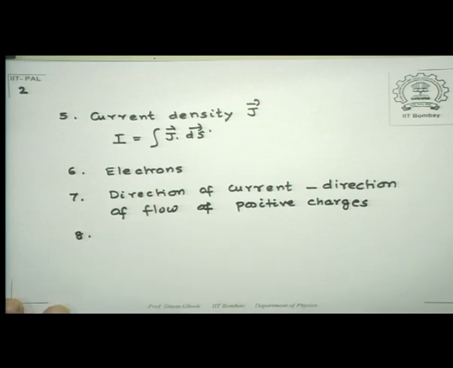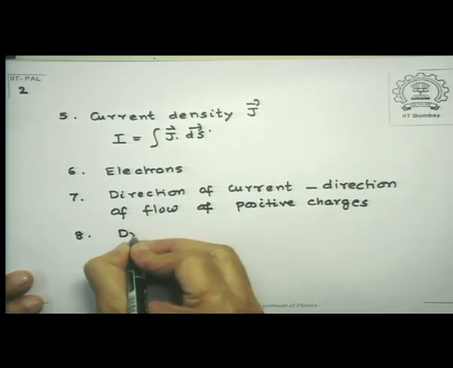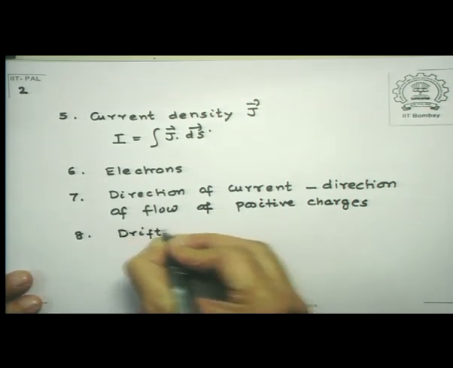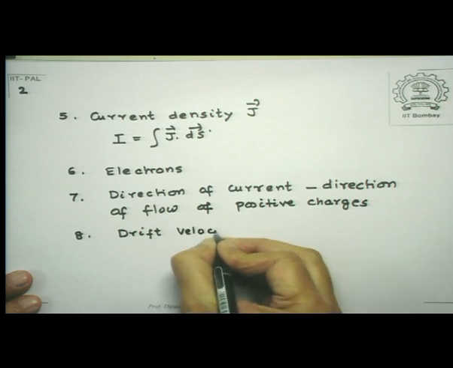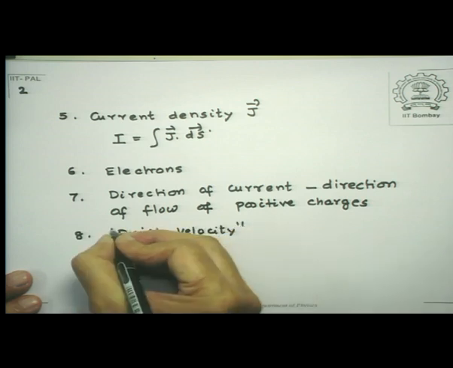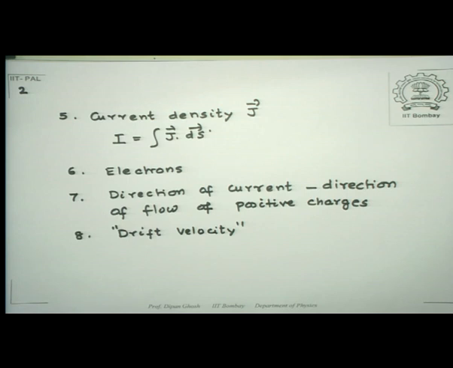Towards the end of the last lecture, we defined what is known as a drift velocity. We said that drift velocity is the average velocity of the charge flow as a result of the presence of an electric field.